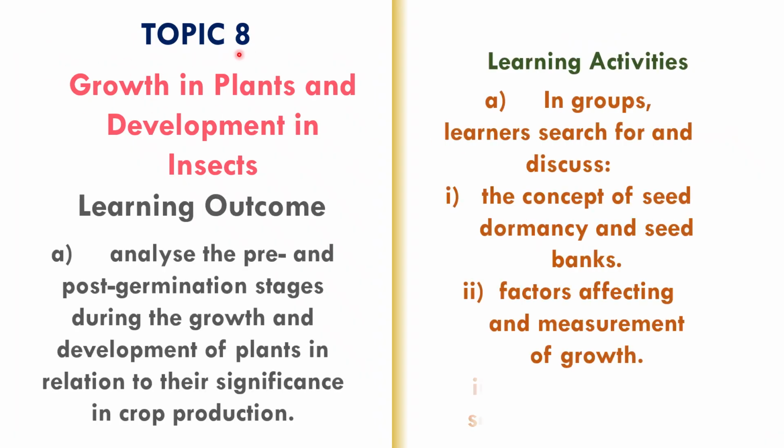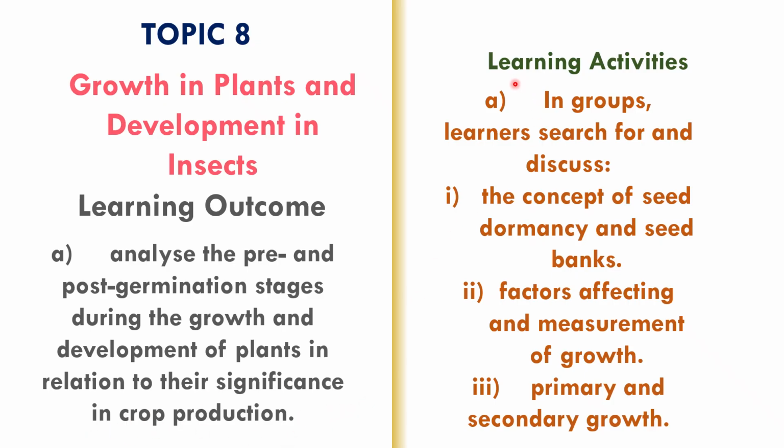Thank you very much for participating in topic 8, which has been growth in plants and development in insects. We have been looking at learning outcome A, analyze the pre and post germination stages during the growth and development of plants in relation to their significance in crop production.